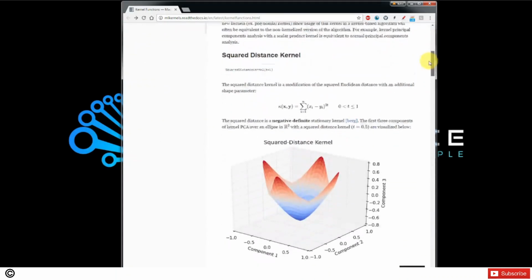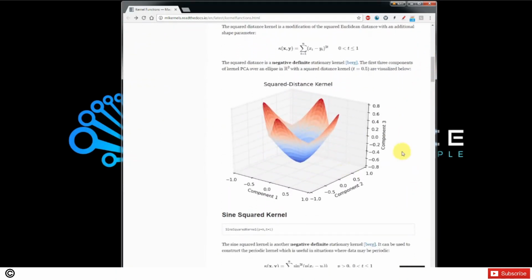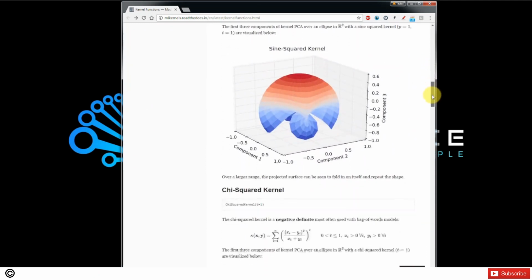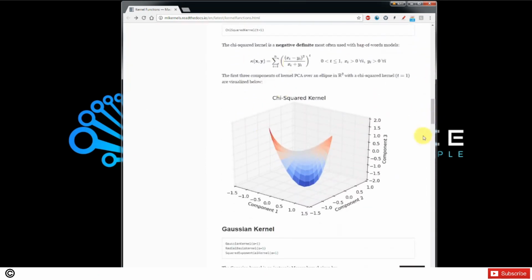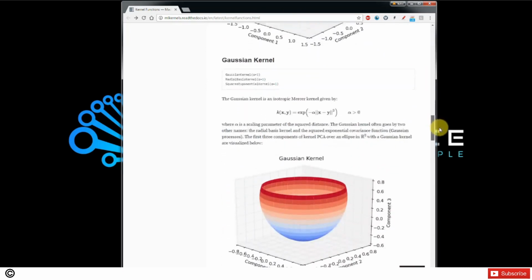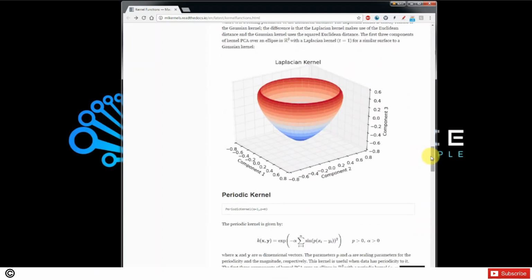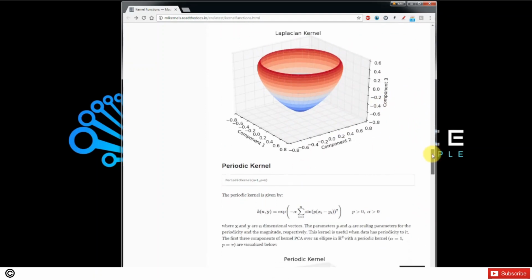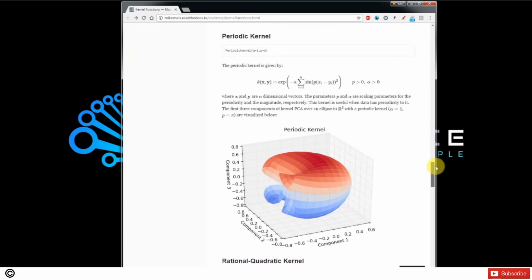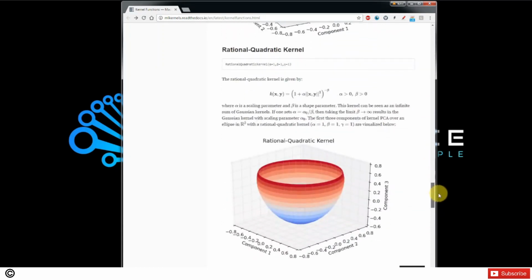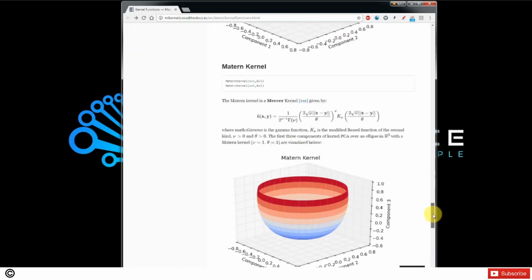If you scroll down, you'll be able to find some very interesting different types of kernels in a 3-dimensional space. You would need to read more about the way they design them and how the formulas work. They're a bit different to what we discussed, but nevertheless this gives you a good overview of the kernel functions that exist and that sometimes are used.